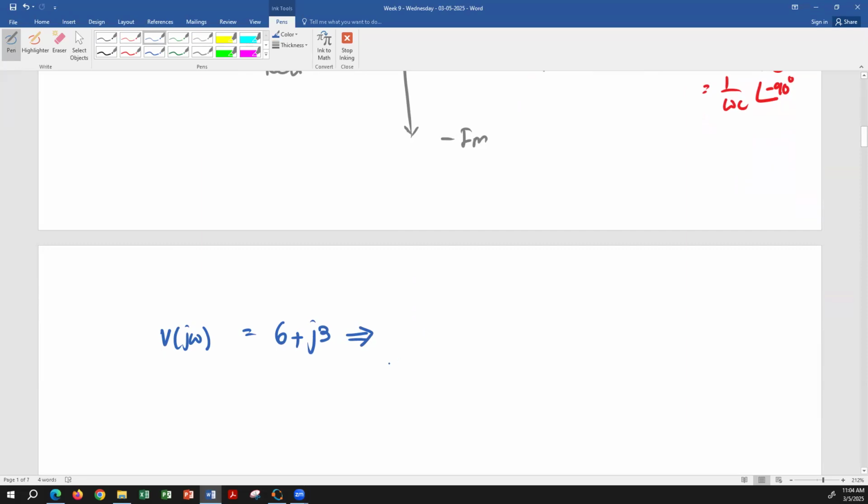Who is going to tell me how I'm going to convert this into polar form? Magnitude, what will be the magnitude? How do I calculate magnitude? Say it again. Yeah, 6 plus j3. So how do you calculate the magnitude? What is the formula to calculate the magnitude of a complex number given in rectangular form?